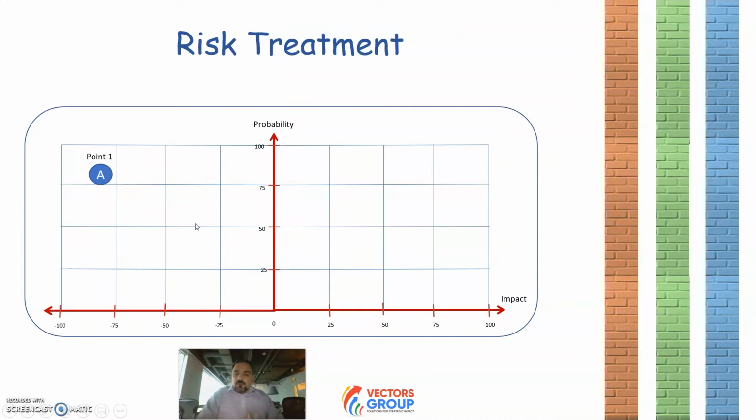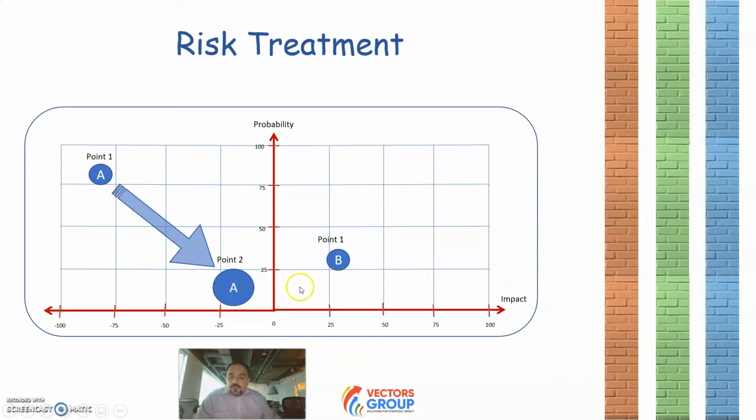So how are we going to treat the risk? Okay, so imagine there is a negative risk, highly likely and with a high negative impact. So we try to push it to the lower corner of the negative side, meaning reduce the probability, reduce the impact, and increase our level of control. Of course, this is an ideal case. We may not succeed in all three areas, but this is the objective of the risk manager.